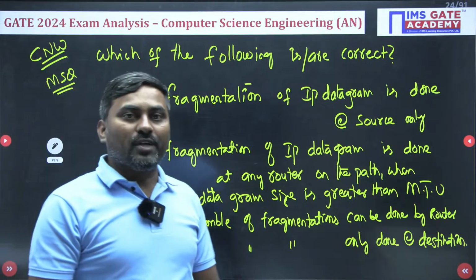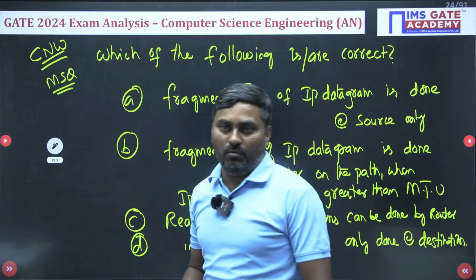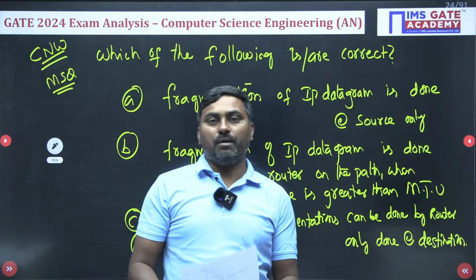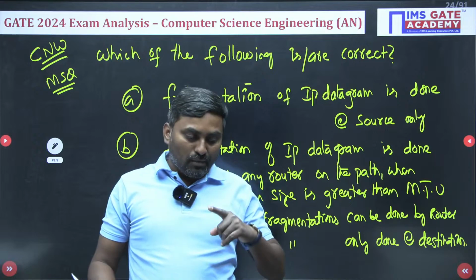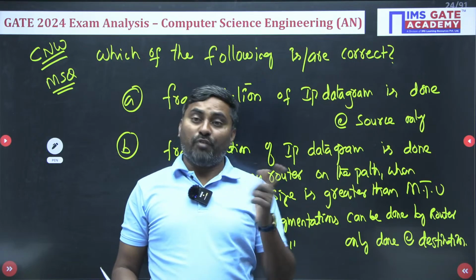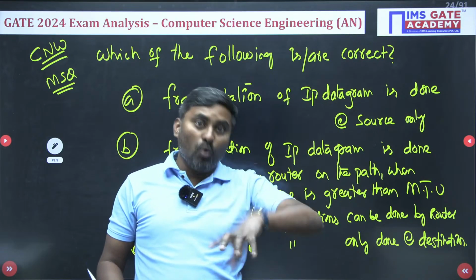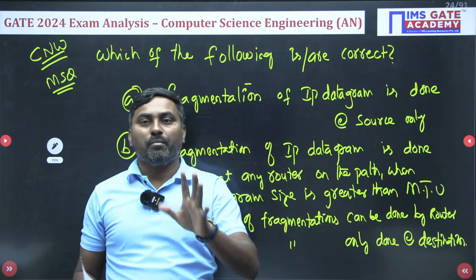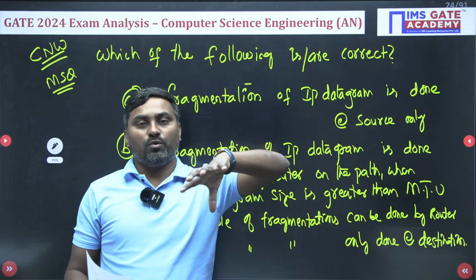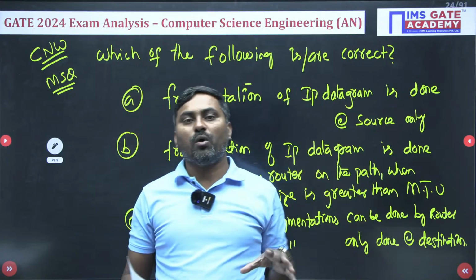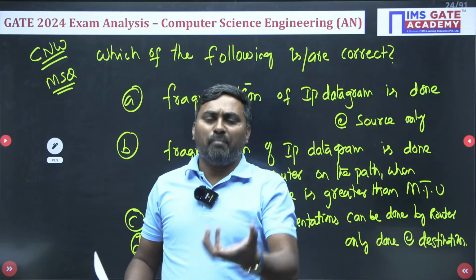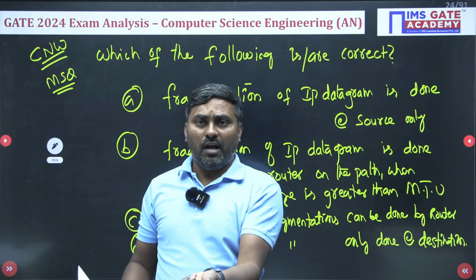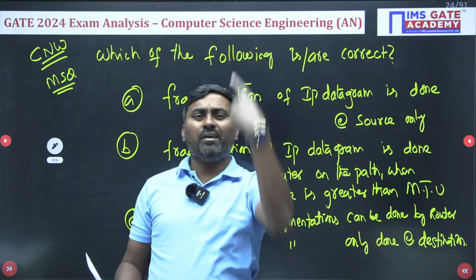You might have studied fragmentation properly, right? So who can do the fragmentation? Please understand. Generally, sorry, fragmentation we won't do at the source because we do segmentation only. Segmentation is done at the source because we take the maximum size of the data link layer capacity and give that to the transport layer.